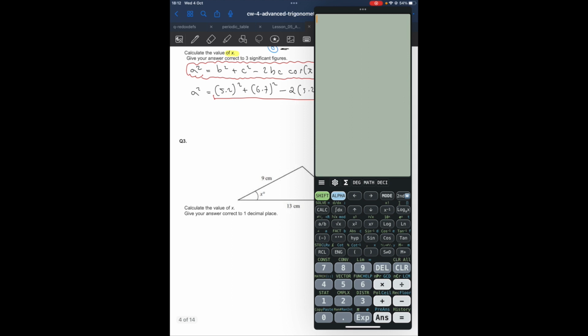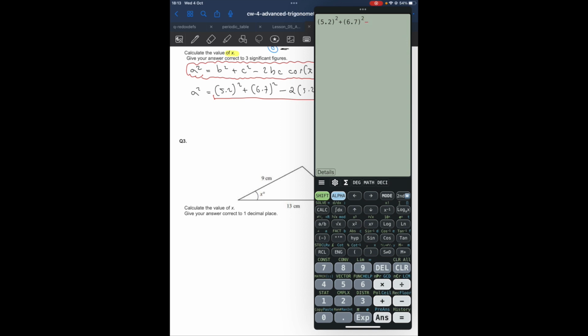So let me clear this off. So what we have is we're going to open a bracket, 5.2 close bracket squared plus 6.7 squared. We're going to type the whole thing in one go into the calculator.